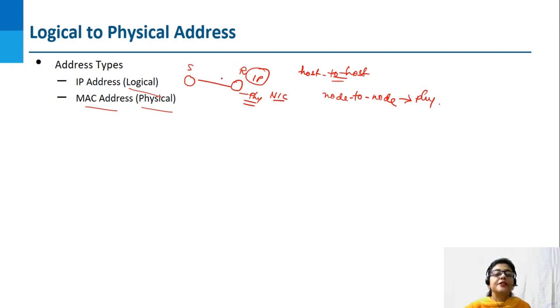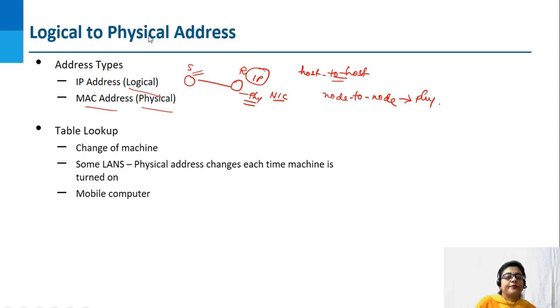So unless the physical address is known to the sender, it is not possible to transfer the message to the desired node in the corresponding network. So that is why there is a need for mapping the logical address to physical address.